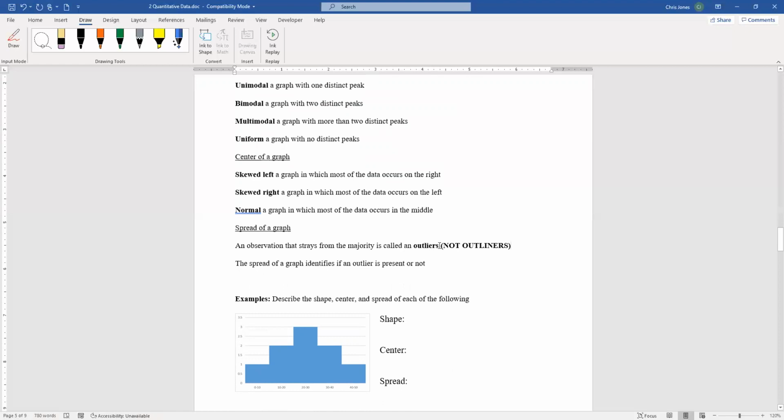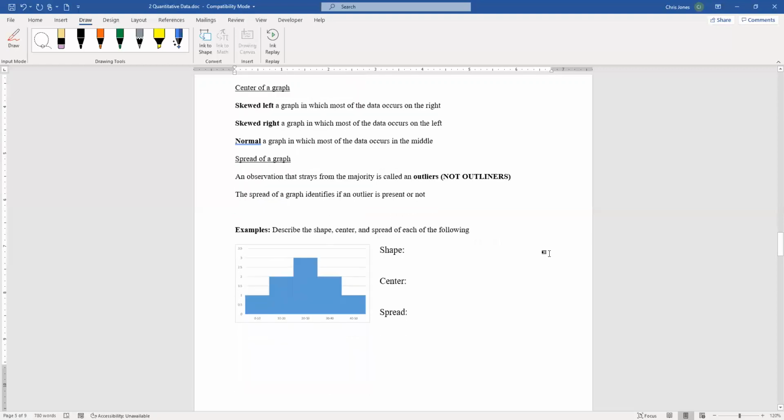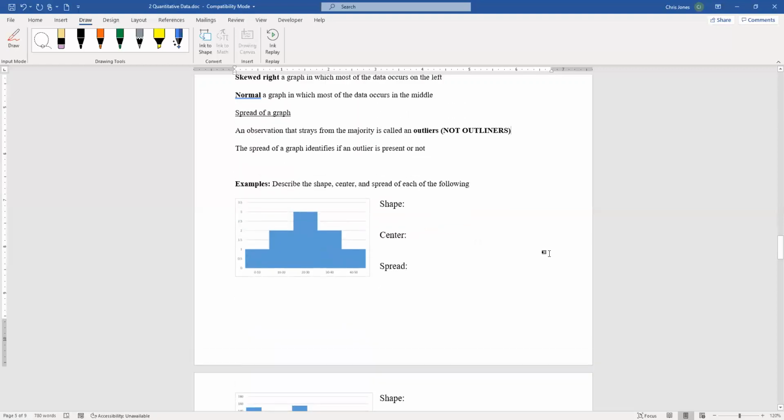If there's an outlier present, that basically states that there's going to be a significant gap somewhere between the data, and we're looking for those. Later in the course, we're going to interpret what those really mean, and we're going to define outliers numerically. But for right now, we're doing the eye test of these histograms. As an easy exercise, we're just going to describe the shape, center, and spread of each of the following histograms.